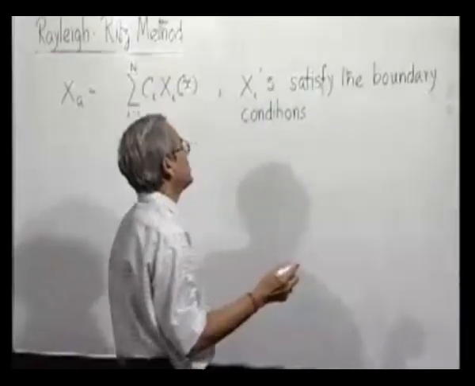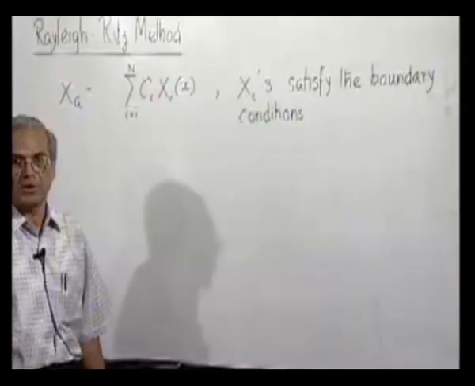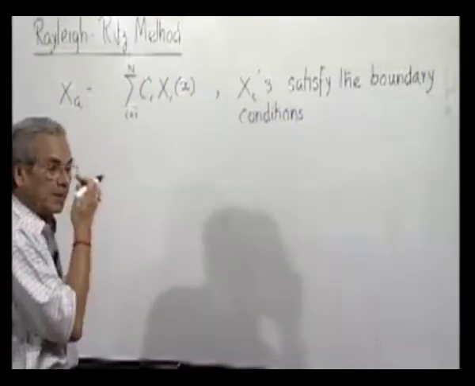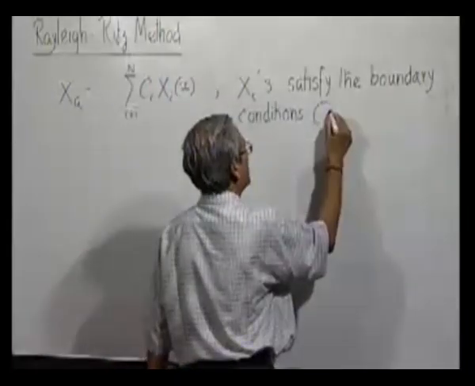Here, better approximation means satisfying more boundary conditions, better results will be obtained, and at least the geometric boundary conditions.